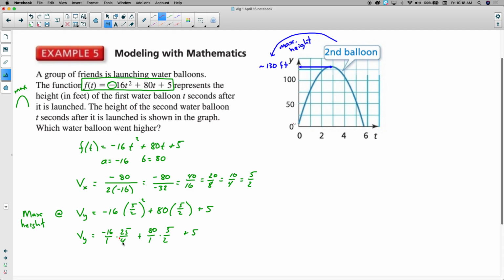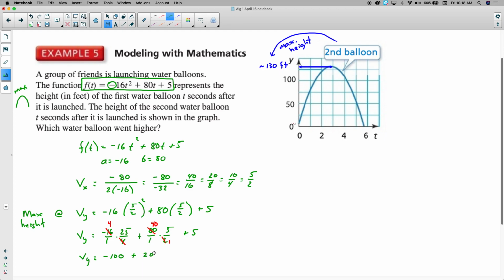Let's cut these things back. 4 goes into itself and goes into that one 4 times. 2 goes into itself once and goes into that one 40 times. It looks like the denominators are all going to be 1. So what do I have here? I have a negative 100 plus, what is that? Is that 200?